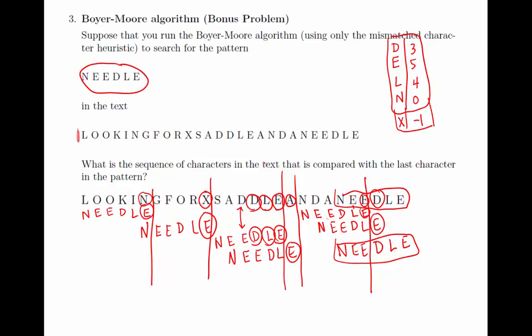So if the question is what sequence of characters in the text were compared, with the last character, we know they are going to be N, and they're going to be X, and they're going to be E, they're going to be A, and they're going to be E again, and D, and E. So those are the characters compared.